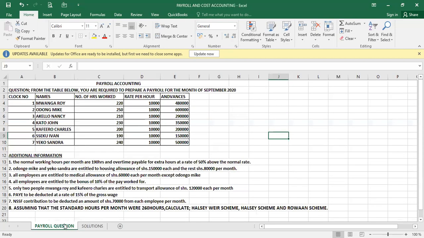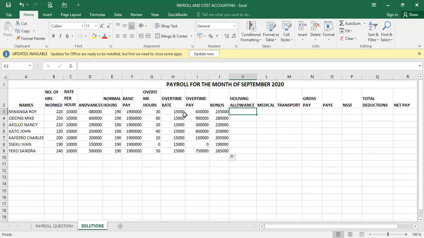And in the question they said Odong and Yeko Sandra are entitled to a housing allowance of 150,000 each, and the rest are entitled to 80,000 shillings per month. So it is only Odong and Yeko Sandra that are going to be receiving the 150,000; the rest are going to receive 80,000.